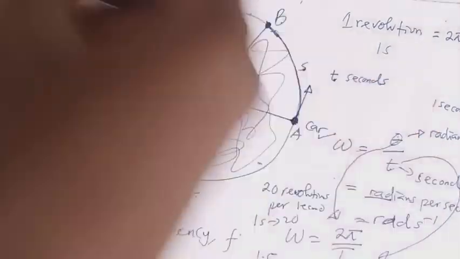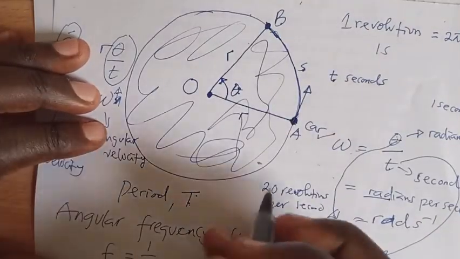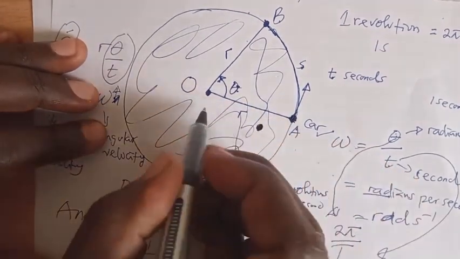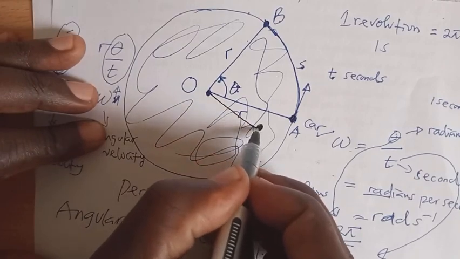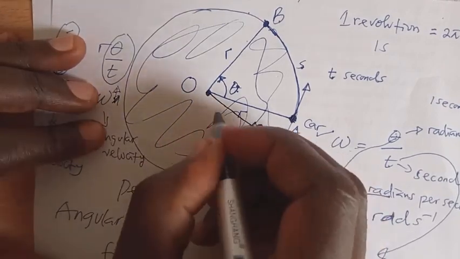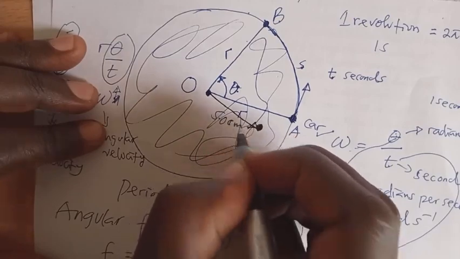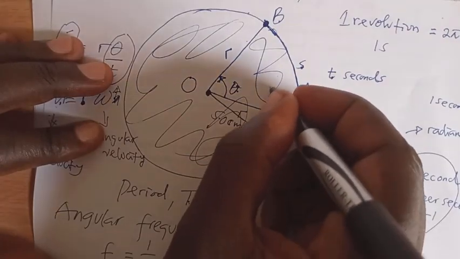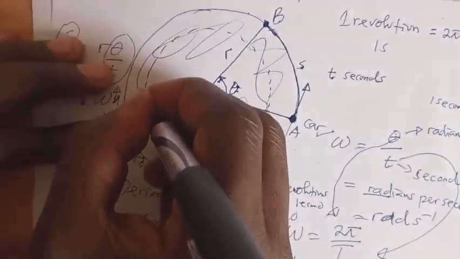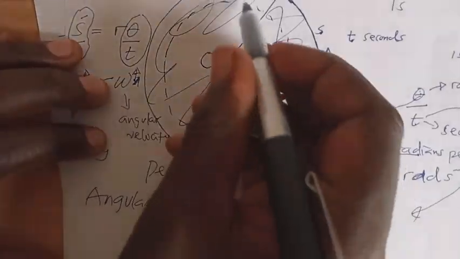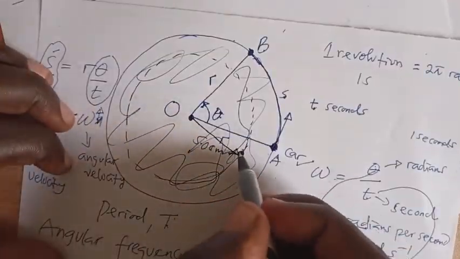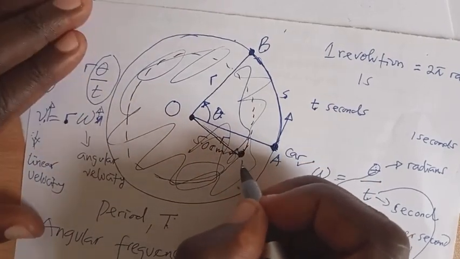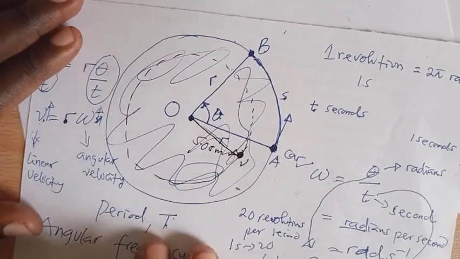So let's say I have a bird somewhere here, and the distance from here to here is 5.0 centimeter. This means if it is rotating like this, the bird will have its own circular track, and definitely this is the radius of the circle. So it will have its own linear velocity, but the angular velocity remains constant.